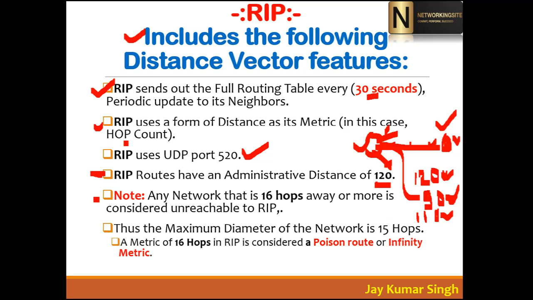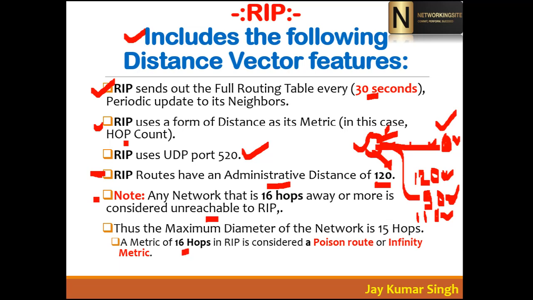Any network that is more than 16 hops away is considered unreachable. It means I know that Paul is after 16 hops, but I cannot communicate with you because my limitation is only 15 gateways.